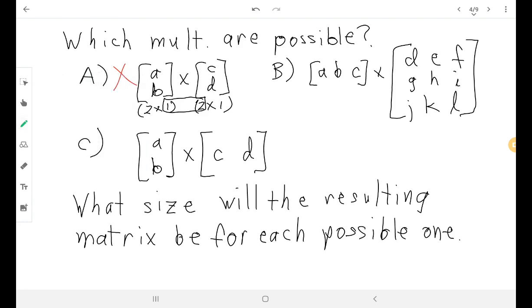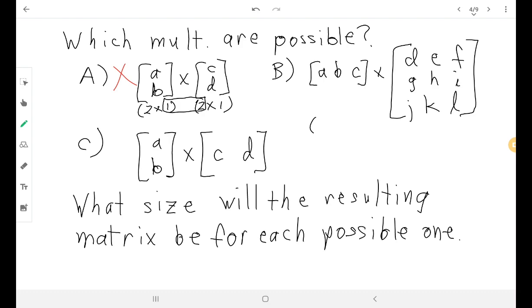Let's look at B. Well, what are the dimensions of the first one? Well, we've got one row, so it's a 1 by something, and then we've got 1, 2, 3 columns, so it's a 1 by 3 matrix. Let me put that down a little bit lower, actually.